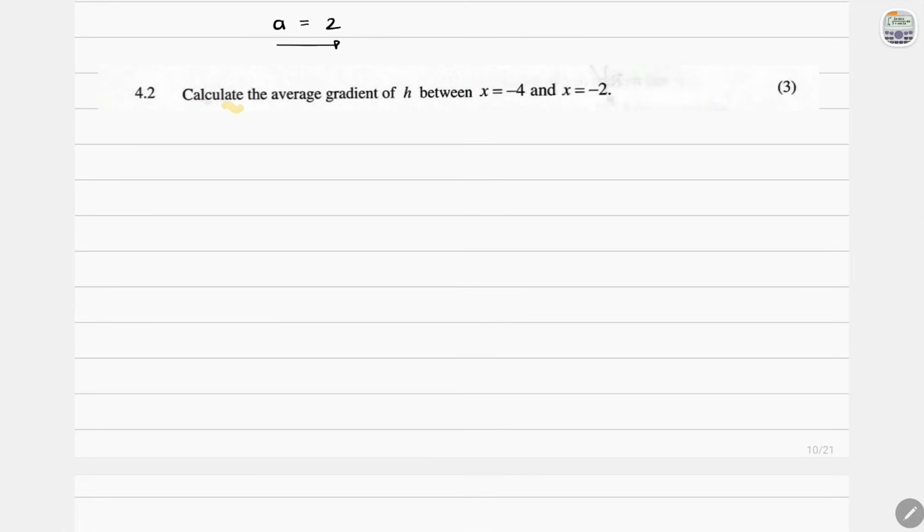Question 4.2 says, calculate the average gradient of h between x equals -4 and x equals -2. So they've given us two x values, meaning we are finding the average gradient between 2 points.